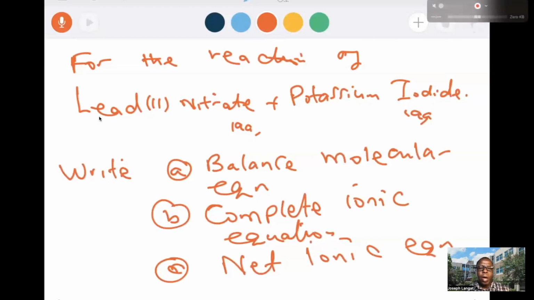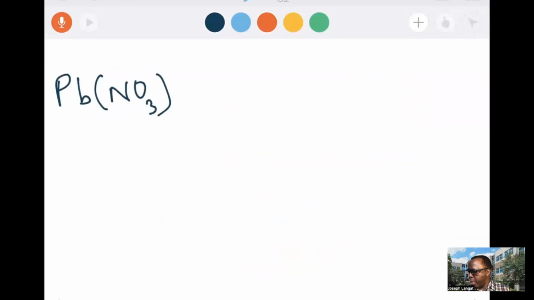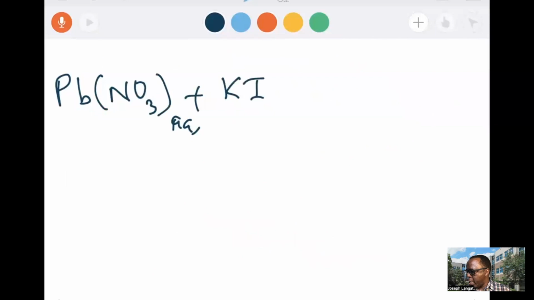So if you are given an aqueous chemical reaction between lead(II) nitrate and potassium iodide, and you are asked to write the balanced molecular equation, the complete ionic equation and the net ionic equation, this first one is just a regular balanced equation. We need to translate this into chemical formulas: lead(II) nitrate is Pb(NO3)2, aqueous, plus KI, iodide, aqueous.